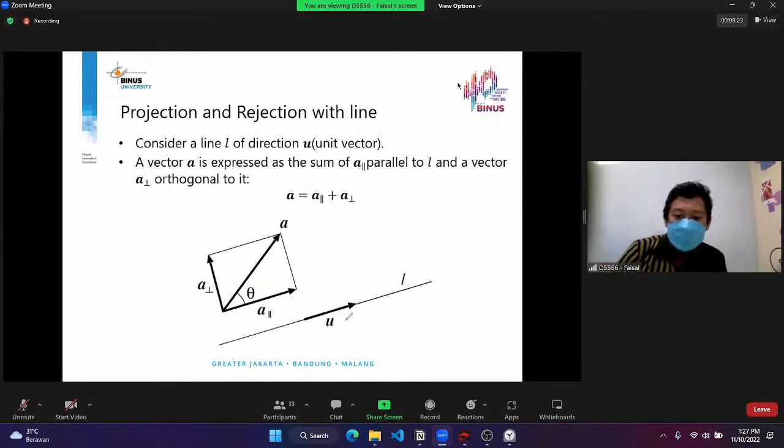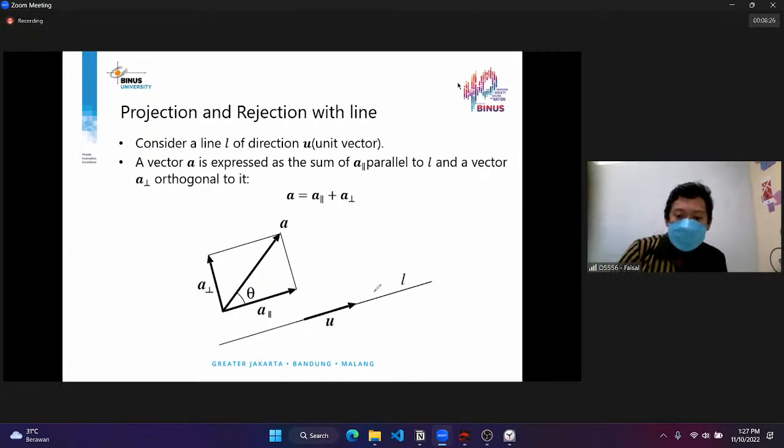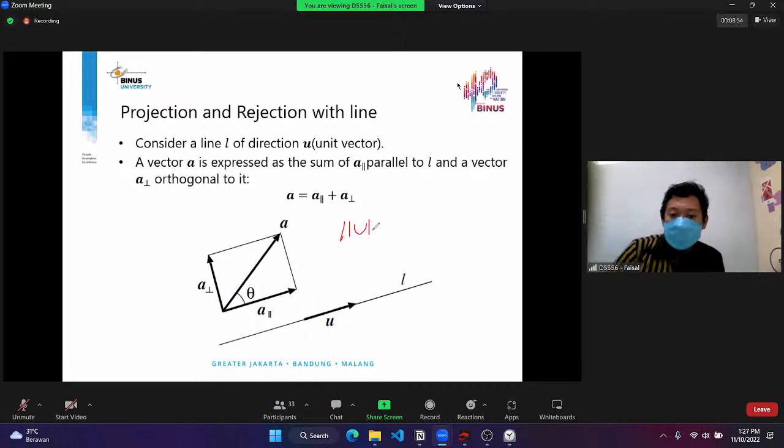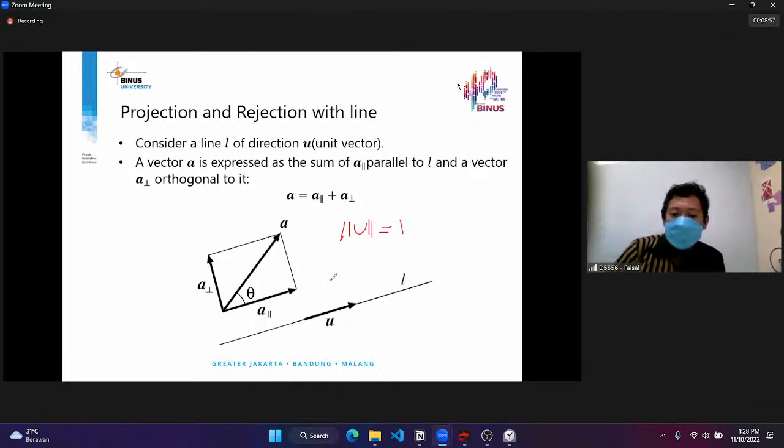So in the illustration like this, if we have a line, then the vector which is parallel with line L, we call the direction of the line L. And if U is a unit vector, or equivalently the norm of U is equal to 1, we call U a unit vector.